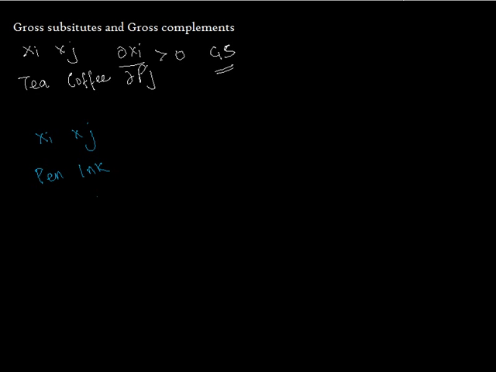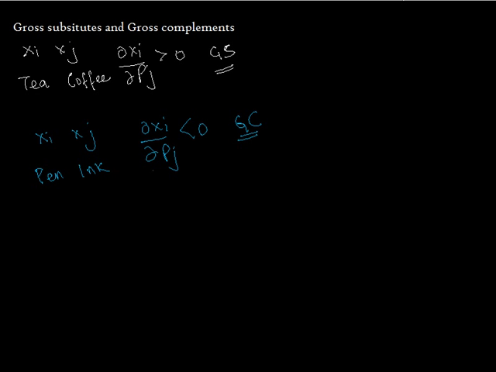They have to be used together in order to give some utility, even though everyone is using gel pens now, so you don't need ink separately, but suppose this is an example. Then del xi by del pj would be less than 0. This would be the case of gross complements.